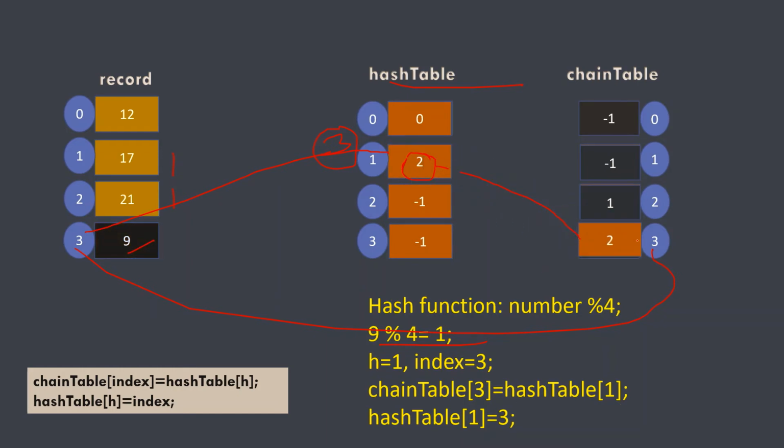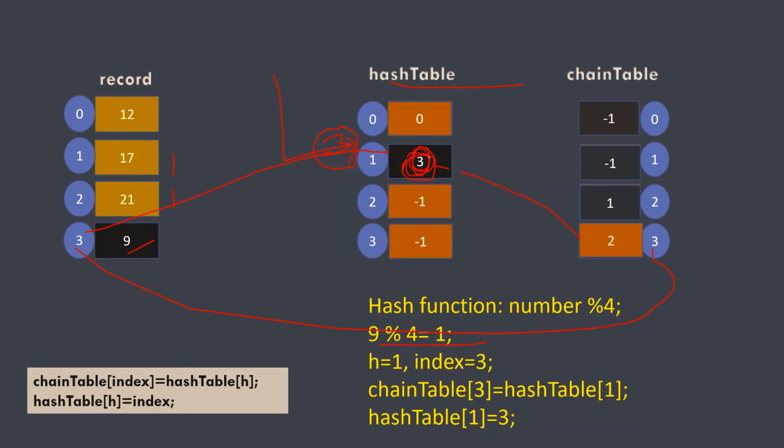This 2 is updated with 3. Now at this point, if you are wondering how the chain is being created, if you want to see what are the entries in the record having the hash value of 1, go to hash table of 1, and you find 3 here.